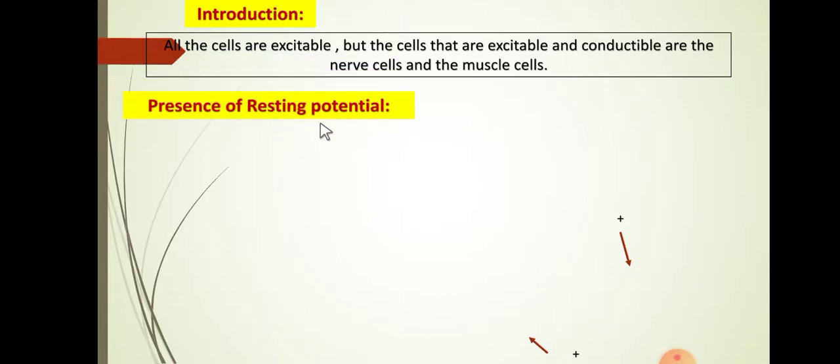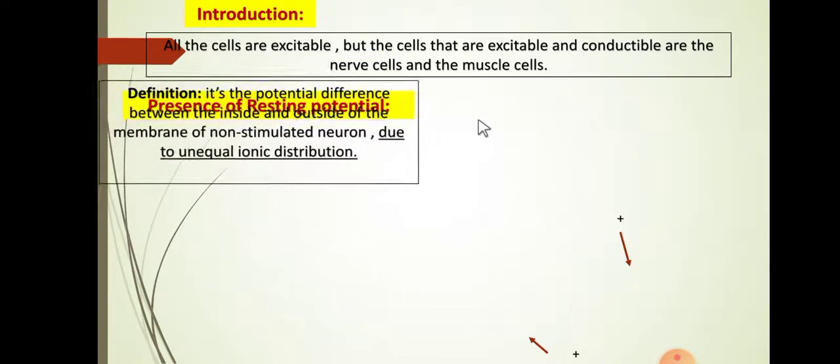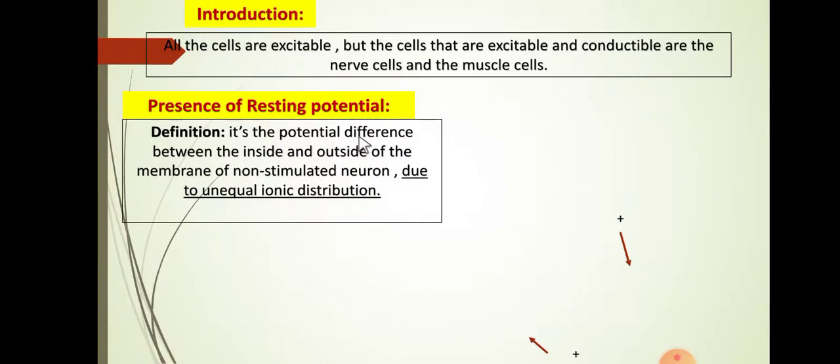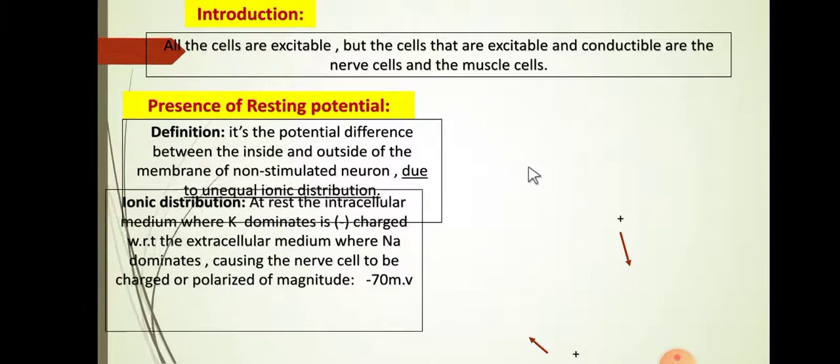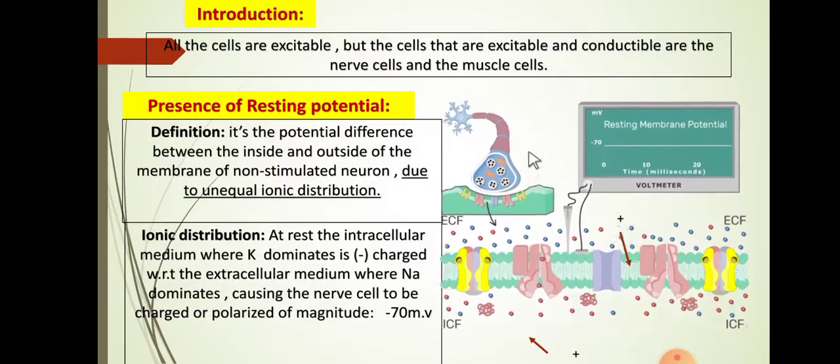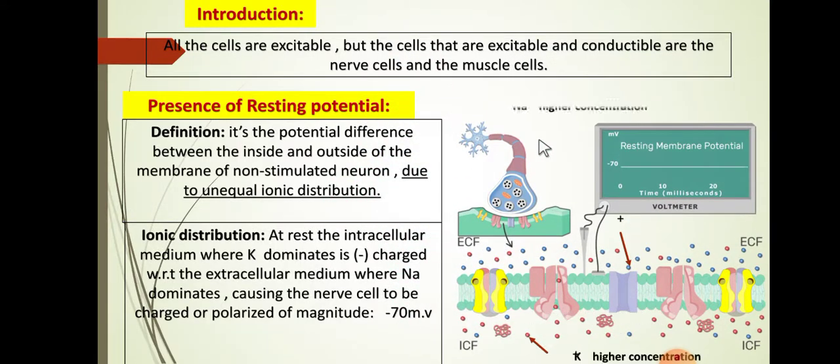The presence of resting potential. It is a potential difference between the inside and outside of the membrane of a non-stimulated neuron due to unequal ionic distribution. Here we have a neuron. Do you see this neuron? Cell body, dendrite, axon, and we have terminal arborization in which there are vesicles that contain the neurotransmitter.